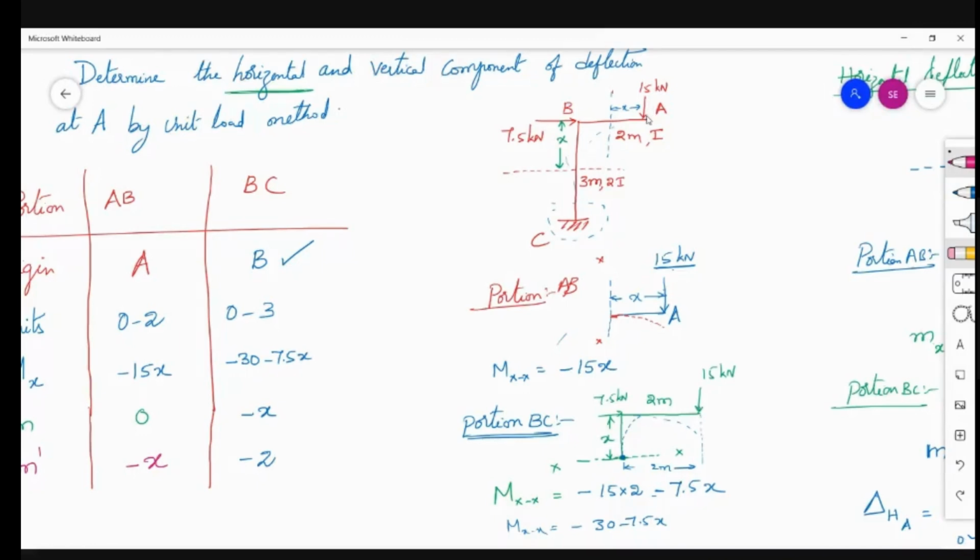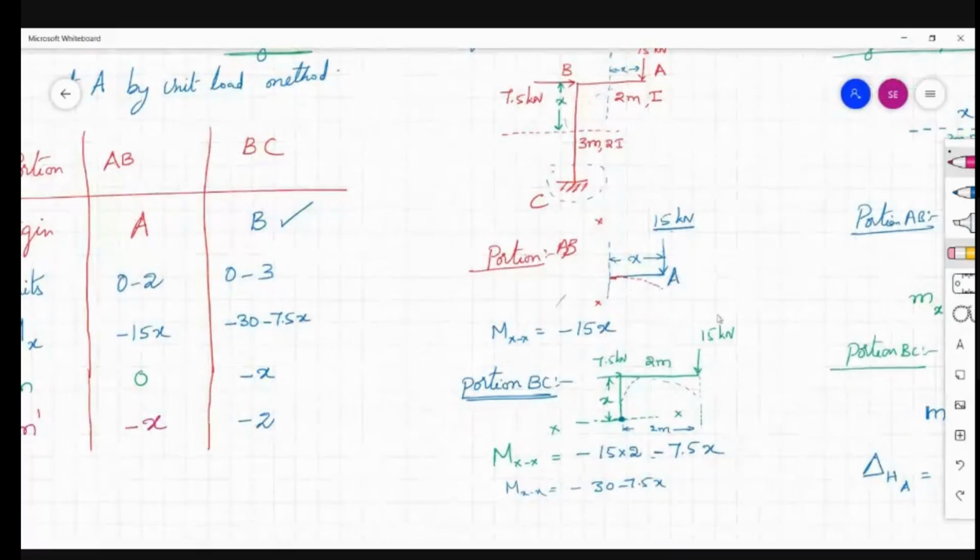It is creating a hogging moment, hence it is considered negative. Whereas this 7.5 is also creating a hogging moment. Towards this side it might be considered sagging, but this is considered hogging. So we got the capital M for portion AB and portion BC.